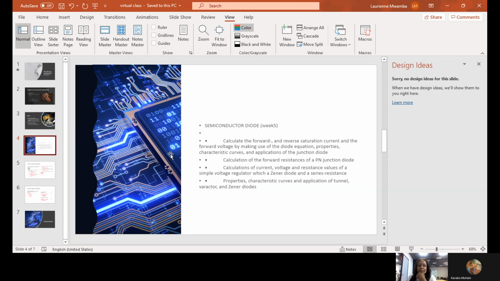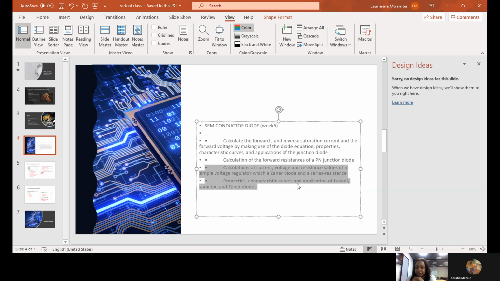So, semiconductors, what is going to be in the test? It is going to be the calculations of the forward resistance of the PN junction diode. We also have to know the calculations of the current, voltage, and resistance when it comes to the voltage regulator. This part we're going to do tomorrow.